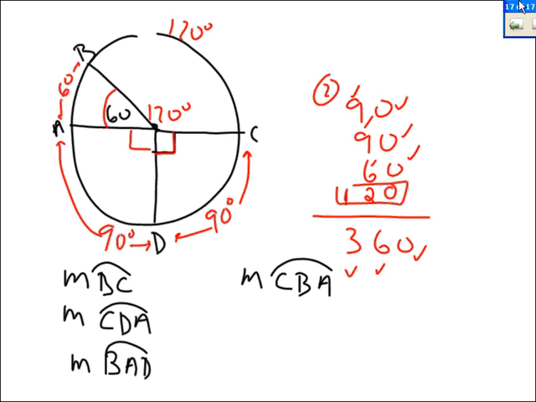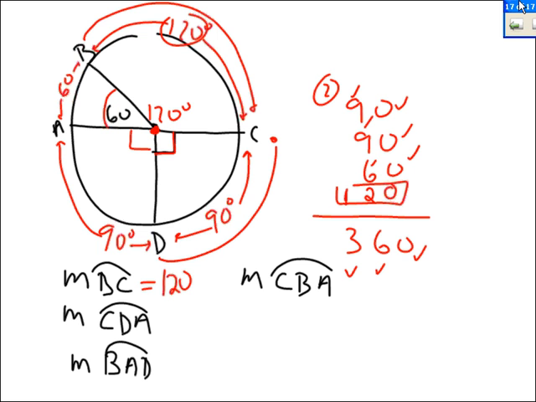So the arc, since it's a central angle, if I didn't say it, that's the center. So the measure of arc BC, from B to C, is 120. CDA, start at C, go to D, go to A. It's 90 plus 90.